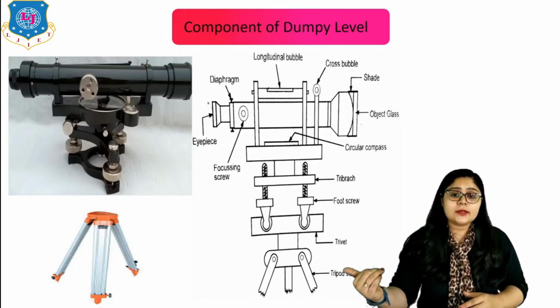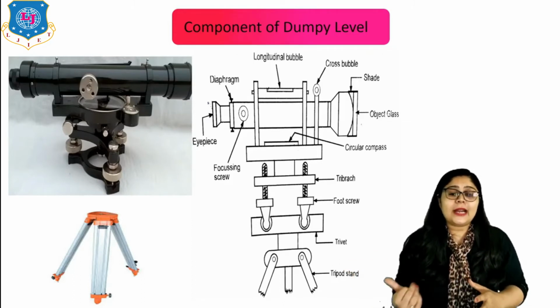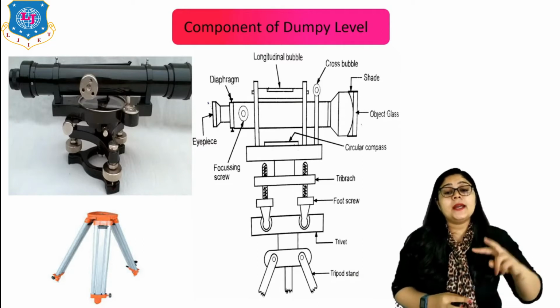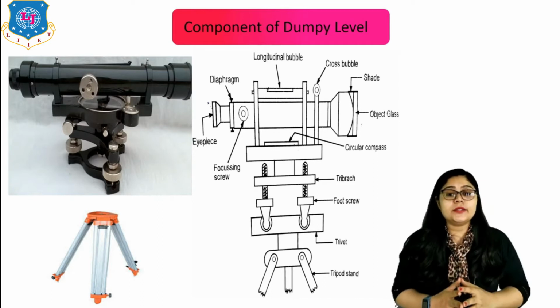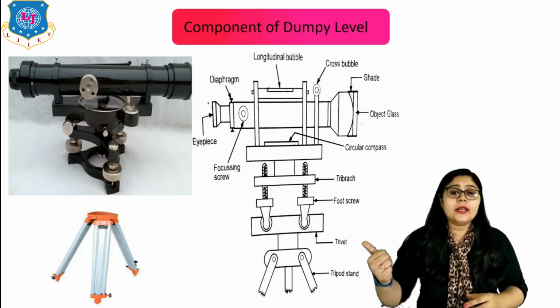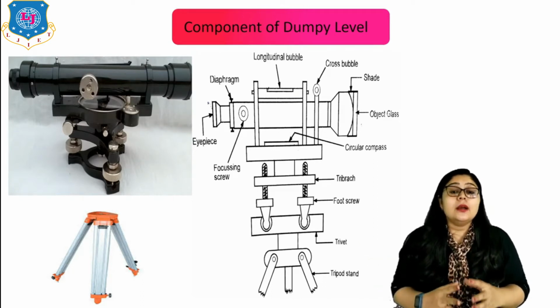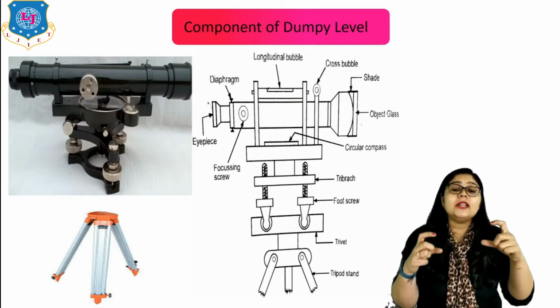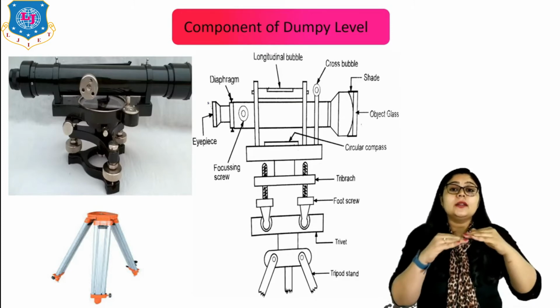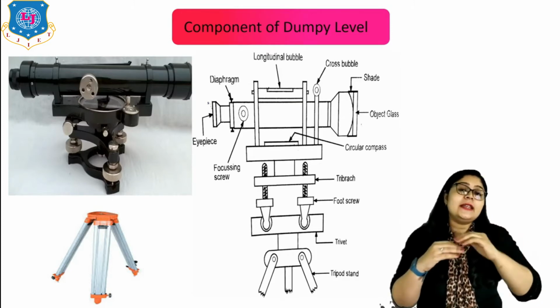Second, you can see on screen the tribrach and trivet. It means there are leveling heads where two plates are parallelly adjusted, and here again you can see the foot screws. Those foot screws are arranged in such a way that we can maintain our leveling head so that the instrument is in level.